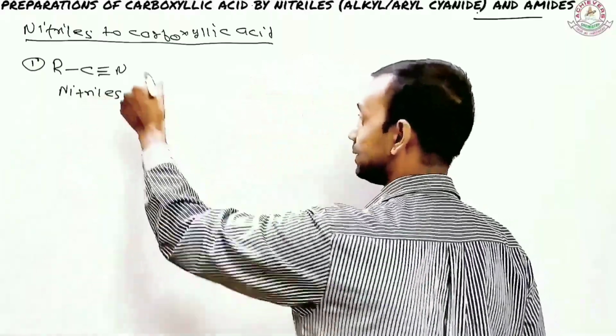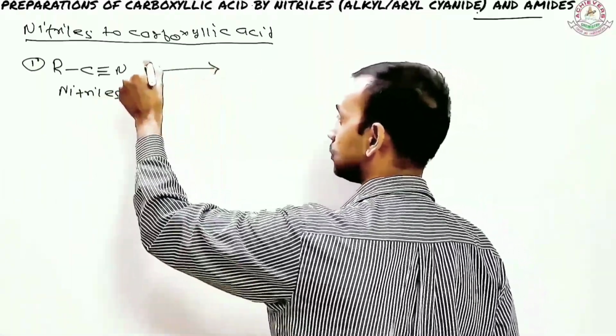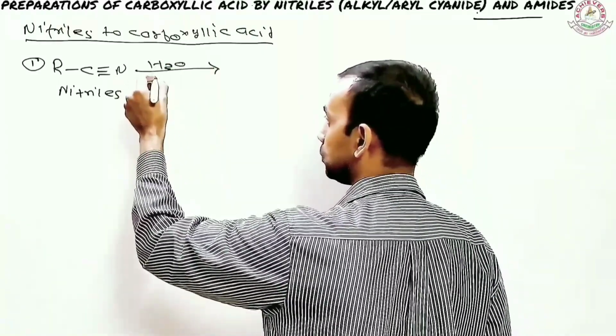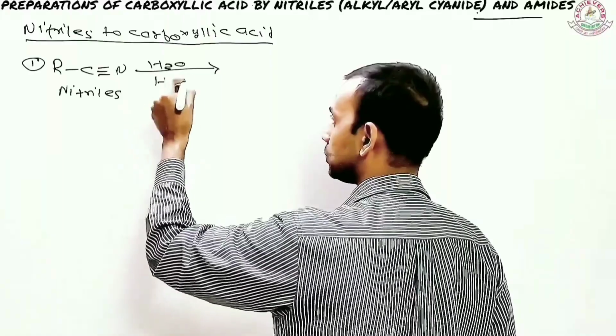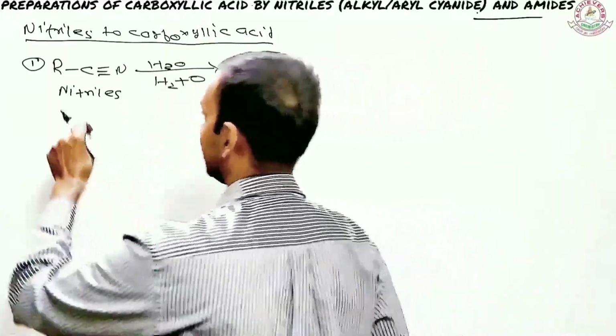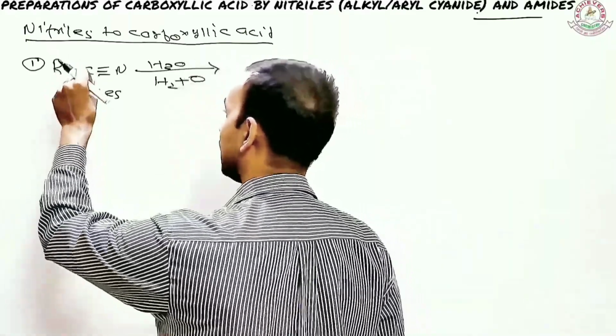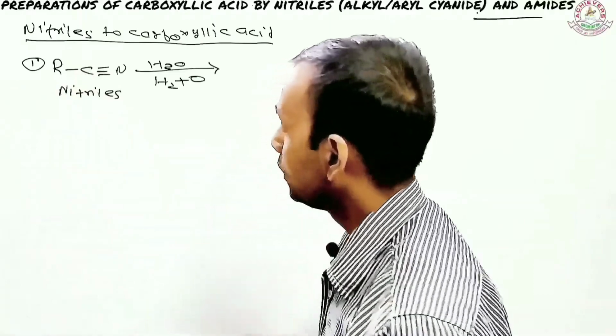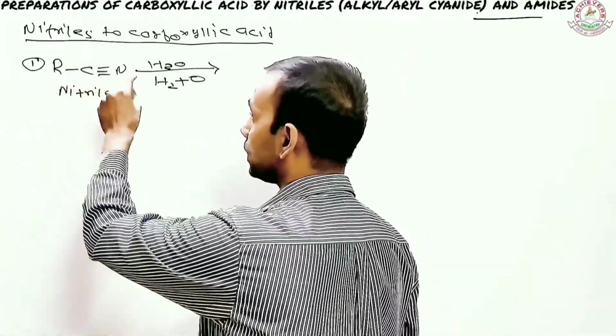So what happens? This nitrile undergoes reaction in the presence of water. And you know that water has two hydrogens and an oxygen, right? You need to understand that this carbon is basically a Lewis acid center, because it's bonded to the nitrogen.